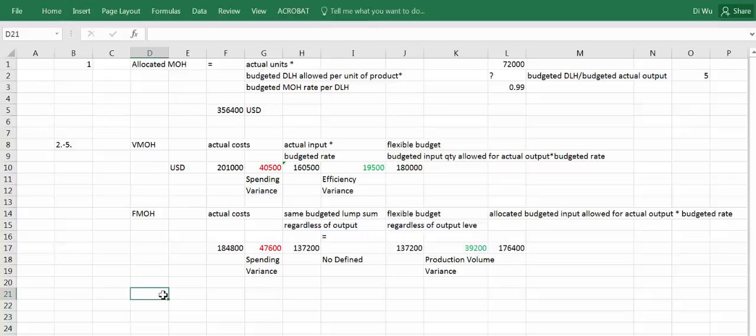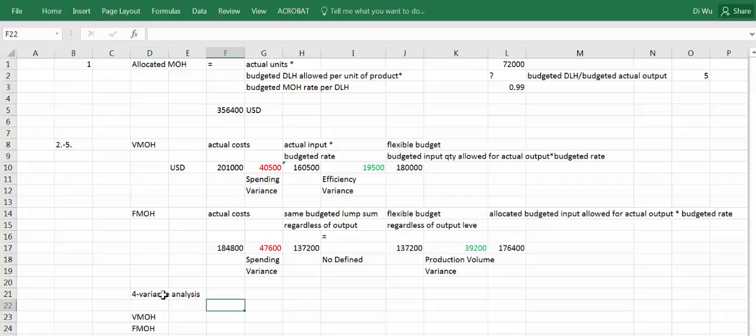What I'm going to do is start a table here so that we can clearly figure out the differences. This is called a 4-variance analysis. We have variable manufacturing overhead and fixed manufacturing overhead.